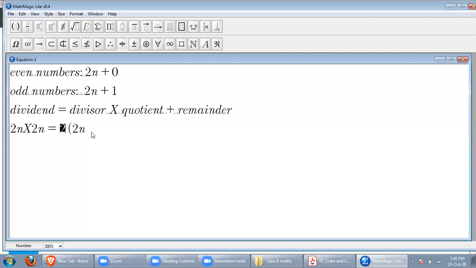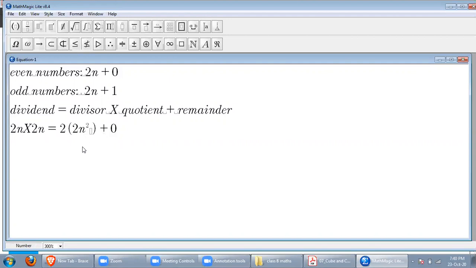So I put the 2 outside and write 2 into 2n square within the bracket. From here you can see that 2n square will be the quotient, and the remainder is 0.